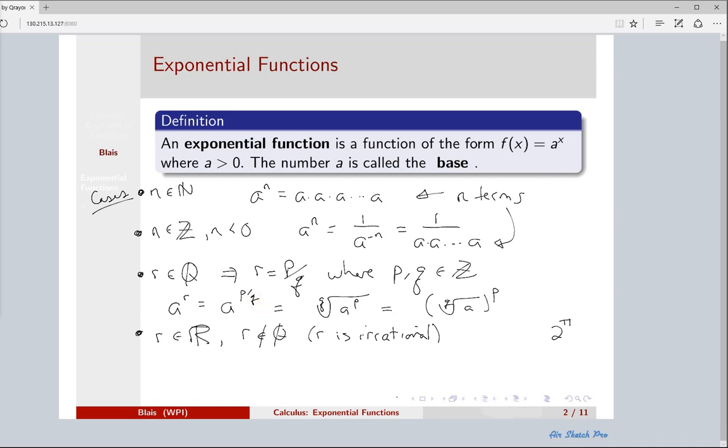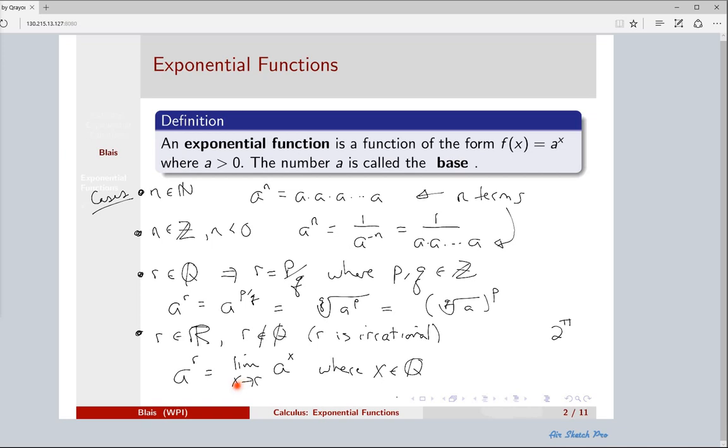But what we do is we say, in this case, a to the r will be the limit as x approaches r of a to the x, where x is restricted to the rational numbers. The idea here is that the rationals are what we call dense in the real numbers.